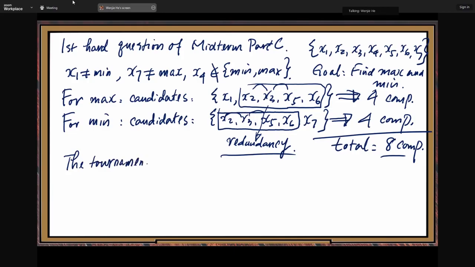So the typical method used for removing the redundancy here is the tournament method. Okay? Specifically, we pair elements 2 and 3.